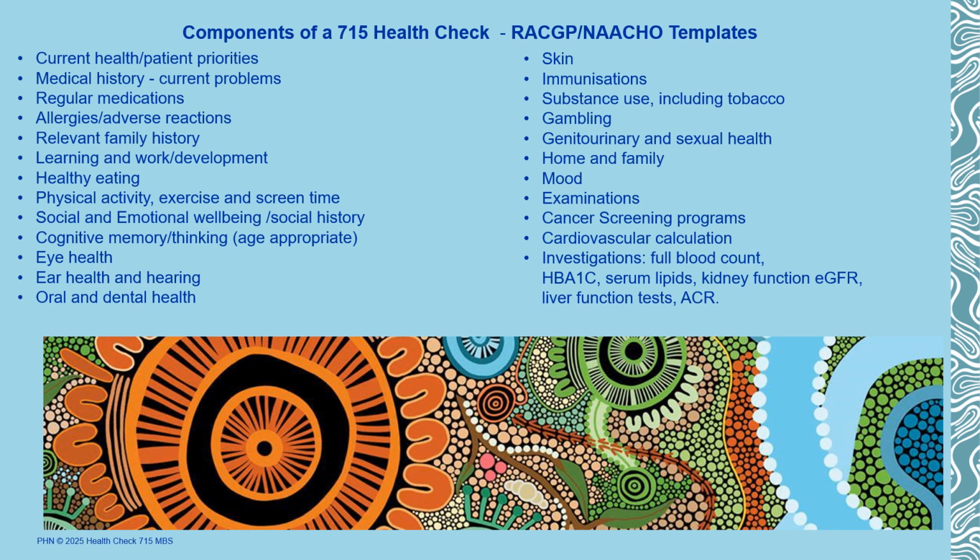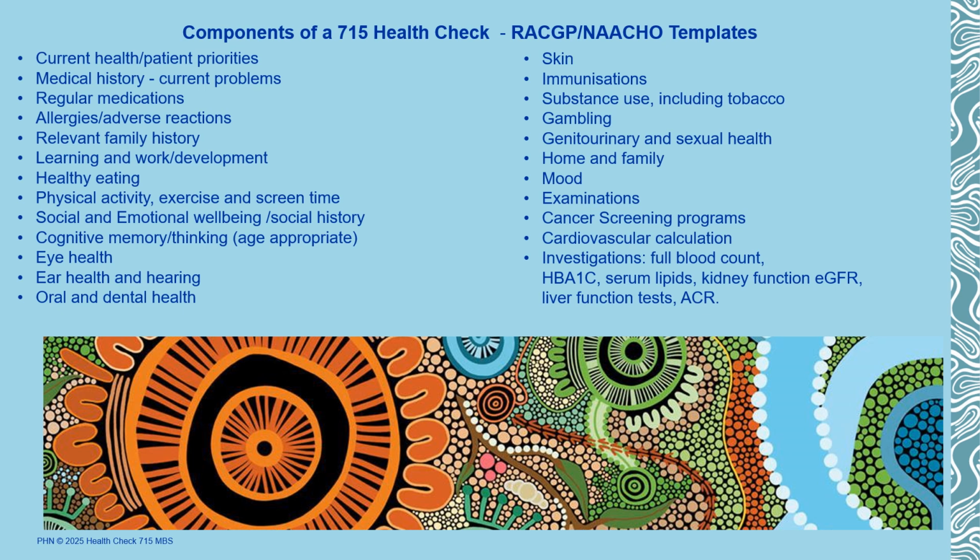So, a joint venture between the RACGP and NACCHO, with these new templates in the 715 health checks, the components that they're going to cover. Later in this presentation we will go over a few of these questions and how they flow. But as you can see on the screen, this is what they cover: current health, medical history, medications, gambling, sexual health, mood, examination, and screenings, for example for cancer, cardiovascular, circulation, eye health, ear health, social and emotional well-being, and physical activity.